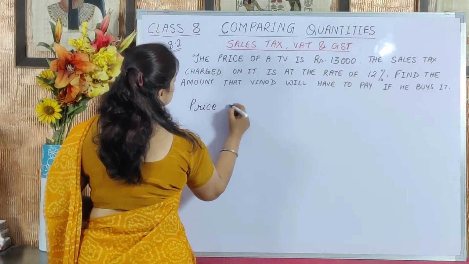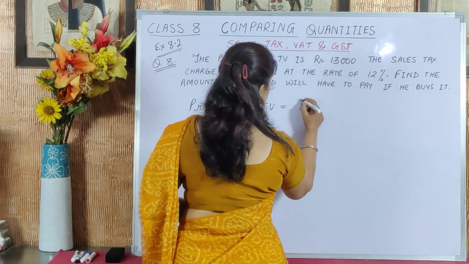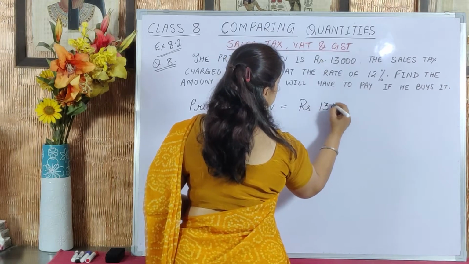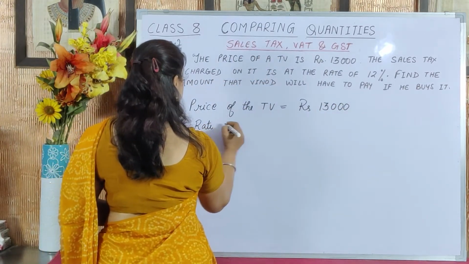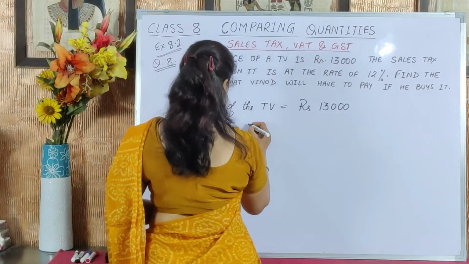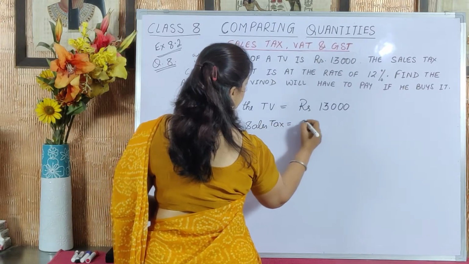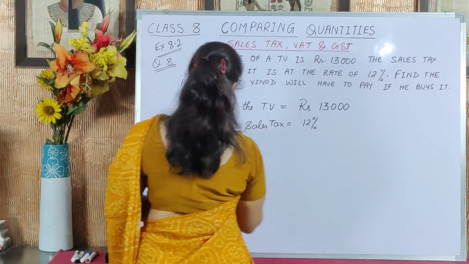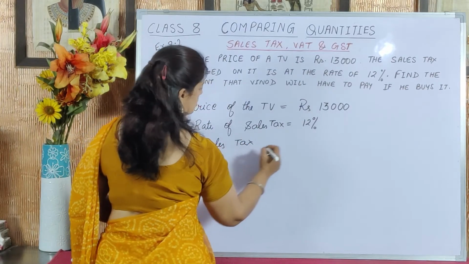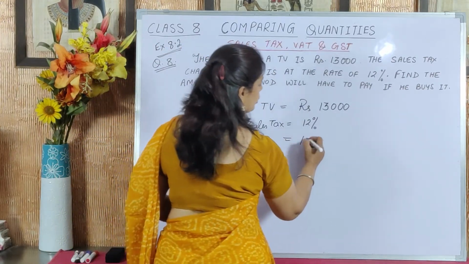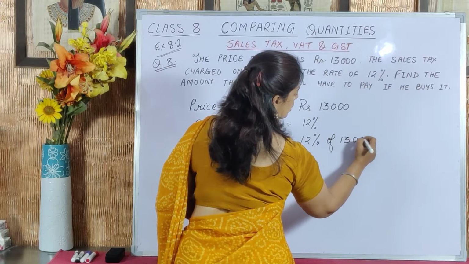Price of the TV is equal to rupees 13,000. Rate of tax is equal to 12%. So what will be the sales tax? That will be 12% of the price, which is 13,000.